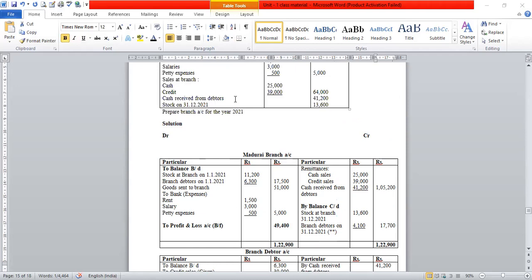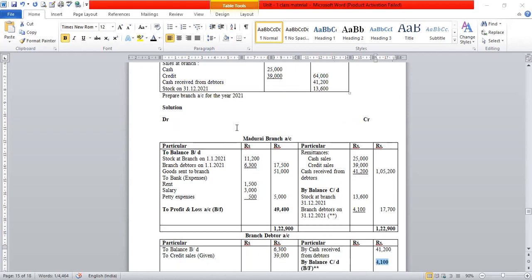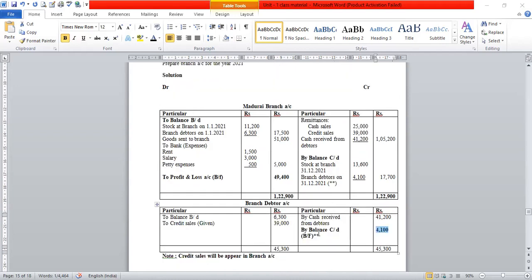They are not given the closing debtors, so we have to identify it. In a branch debtors account, what we can find is: if opening and closing are given, then cash received or cash sales, either or, some missing value can be found. Most probably they will give the opening balances as well as cash received.